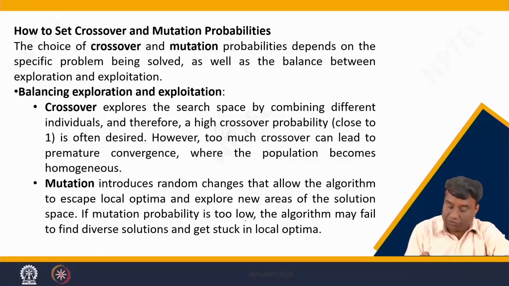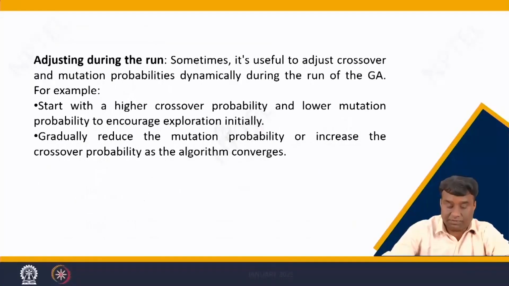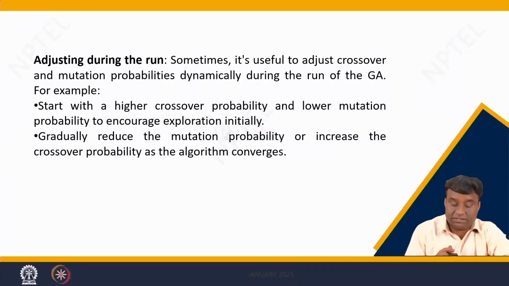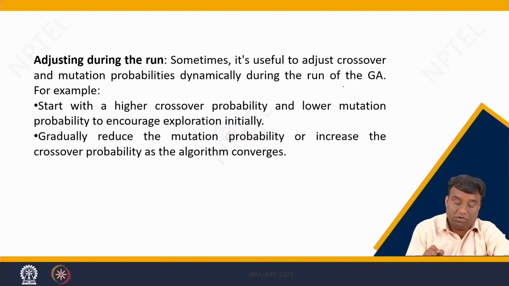If the mutation probability is too low, the algorithm may fail to find diverse solutions and get stuck in local optima. Adjusting during the run: sometimes it is useful to adjust crossover and mutation probabilities dynamically. For example, start with a higher crossover probability and lower mutation probability to encourage exploration initially, then gradually reduce the mutation probability or increase the crossover probability as the algorithm converges.